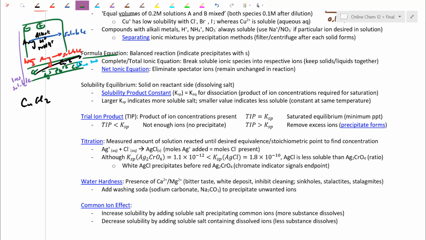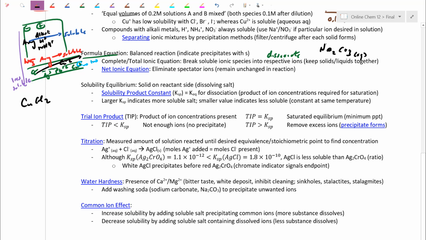We can also write what's referred to as a complete ionic or total ionic equation. Basically, you take anything labeled as aqueous or soluble and break it up into its ions. You dissociate it. For example, sodium carbonate, Na2CO3, is aqueous because it is an alkali salt.